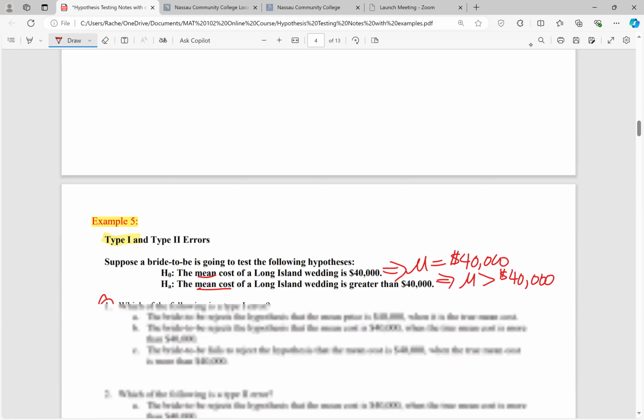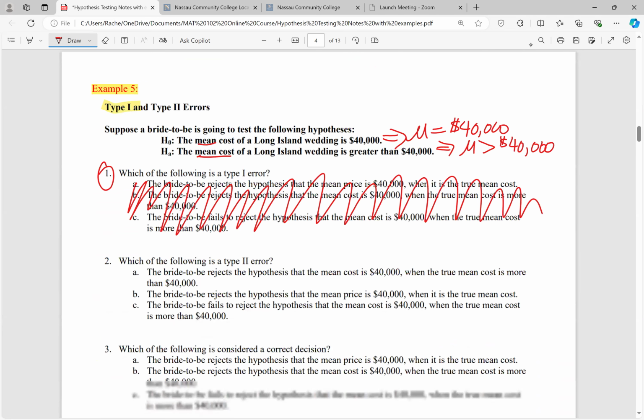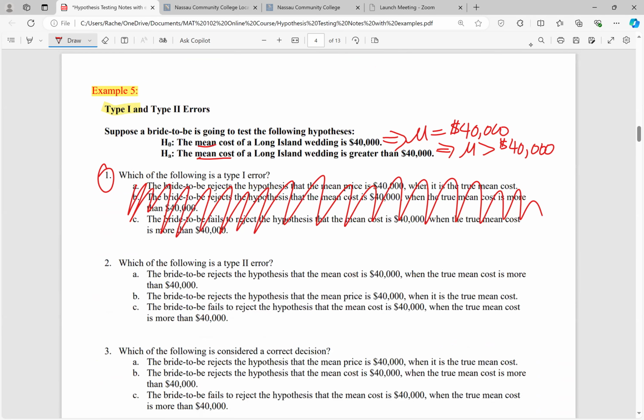So if we made a type 1 error, we would reject the null hypothesis that the mean cost of a wedding is 40,000 when it was really the true mean cost, right? Because you're rejecting the null when it's really true.